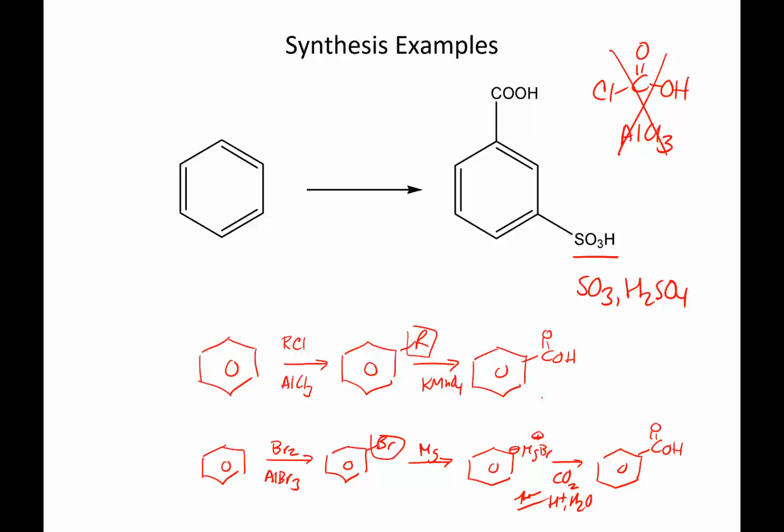The only thing we have to be careful of is that if I want to oxidize the alkyl group, whatever group I put on the ring, I don't oxidize as well. And if I'm going to make a Grignard, there better not be an acidic proton or hydrogen on the ring, because the Grignard is going to immediately remove that.